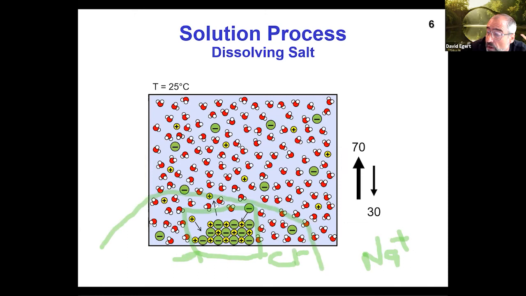And once it's in water, like I said, the electrostatic attraction of sodium doesn't care if it's going to a chlorine or to a water molecule. Same thing for the chlorine. The chlorine doesn't care if it's going to a water molecule or a sodium. So each of these ions becomes its own independent little operator floating around in water.